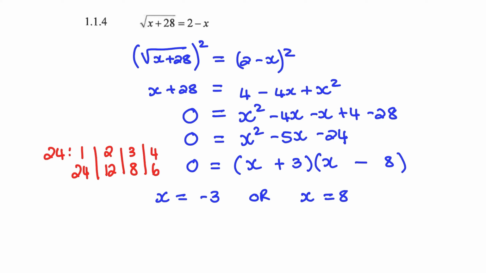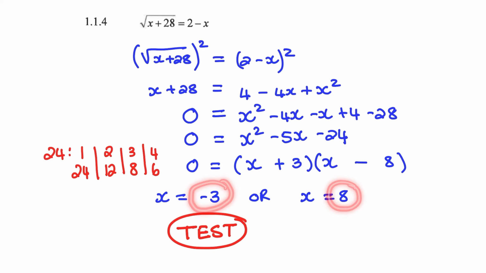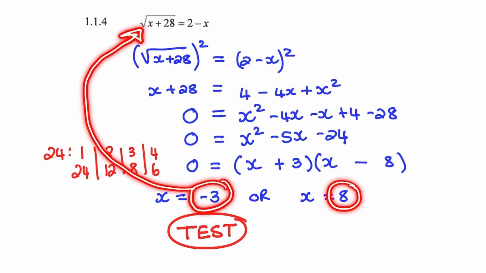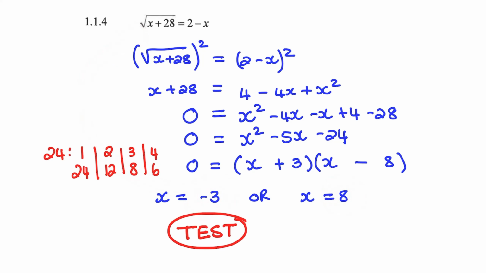Now for this question, you need to remember to test your values. What I mean by testing is you take each of these values and substitute them back into the equation and see whether or not the left-hand side is equal to the right-hand side. So if I substitute x with 8, that will lead to 6 equal to -6.